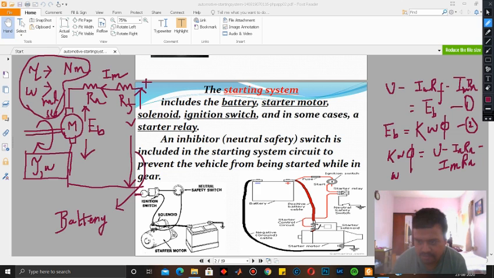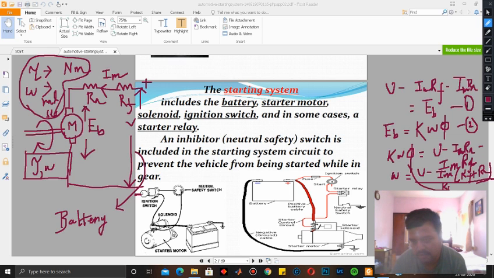So omega is equal to V minus Im common, RF plus RA, divided by K phi.